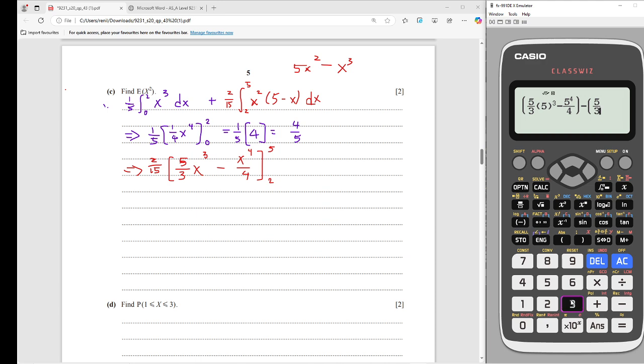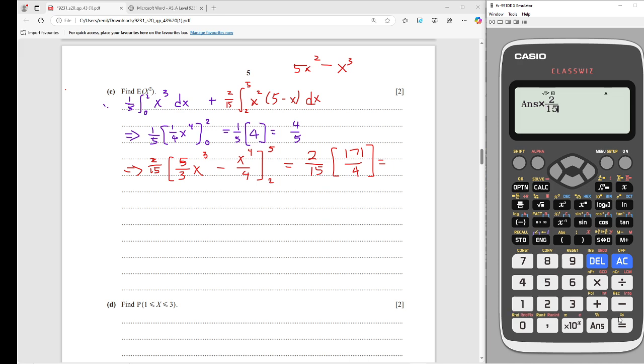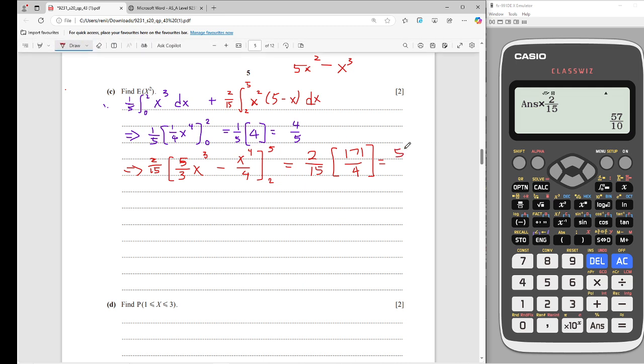So 5 by 3 times 2 to power 3 minus 2 to power 4 whole divided by 4. And this is what comes inside a bracket, which is equal to 2 by 15 times 171 over 4. So let's multiply this to get a fractional value. We get here 57 over 10.